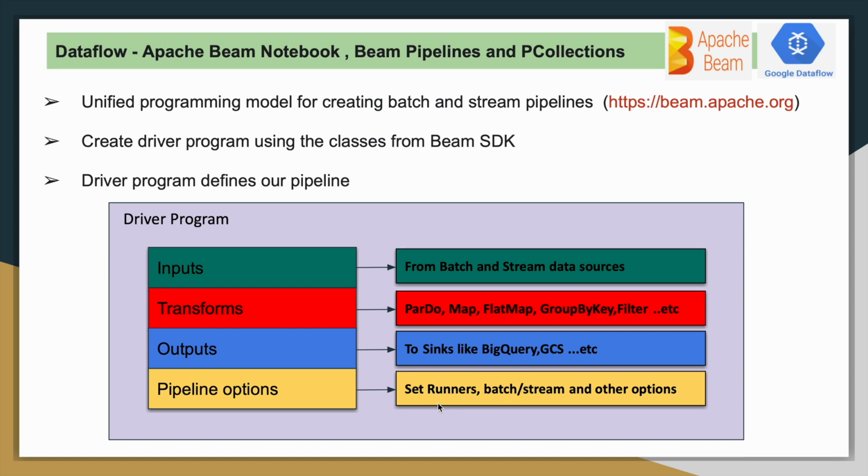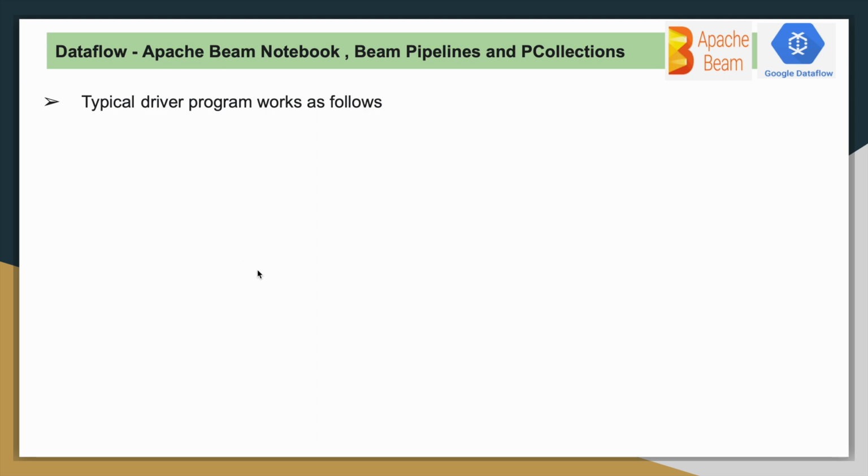Apache Beam supports many backend runners like Google Cloud Dataflow, Apache Spark, Apache Flink. You write the code only once and you can use the runners as per your choice or requirement.